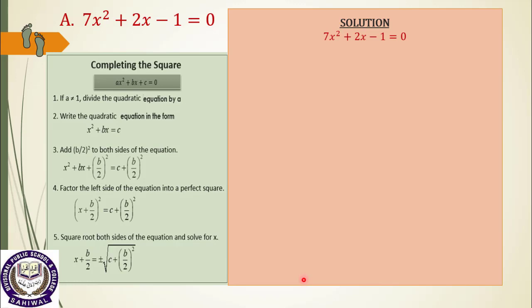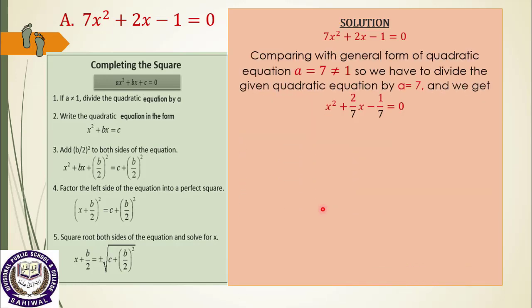For this purpose, I am solving a few questions for your understanding. For convenience, I am displaying the steps and the solution side by side. First of all, look at the equation. Here the coefficient of x² is 7. So, we divide the whole equation by 7.